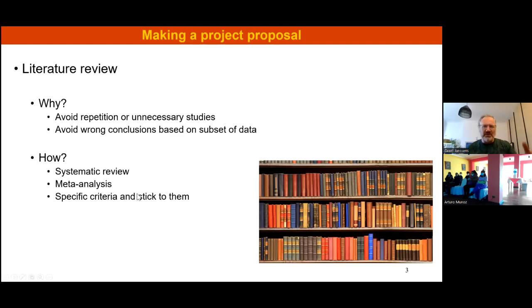So how can you do a literature review? You can do it in different ways. You can, for instance, make a systematic review. This means that you will dig into literature and based on specific criteria, on specific keywords, you start looking for a set of papers and you define the set that you actually are going to analyze. Or you can do a meta-analysis.